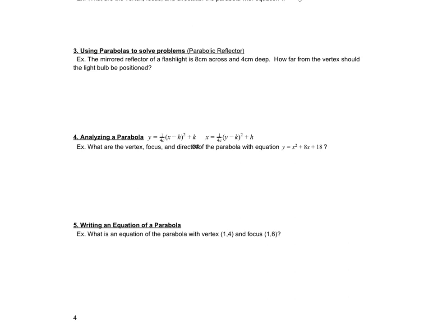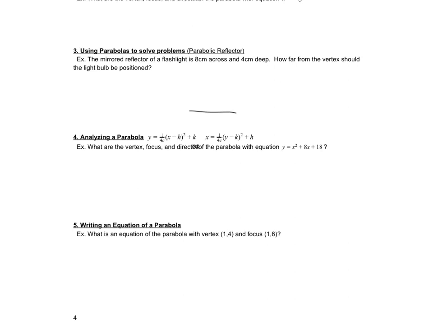So now we are going to be working with horizontal parabolas, and if it's vertical or horizontal, the directrix is parallel to the y-axis in this case, so we know it's going to be a horizontal parabola. And we can go ahead and do some calculations here. Okay, so the equation of a parabola with the vertex at the origin and the directrix at x equals negative 5/2.